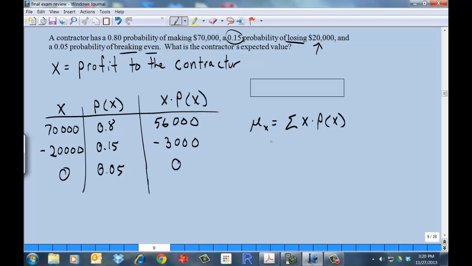So now we can go ahead and get the expected value. Expected value is equal to the sum of x times p of x, which is the sum of this column here. 56,000 minus 3,000 is 53,000.